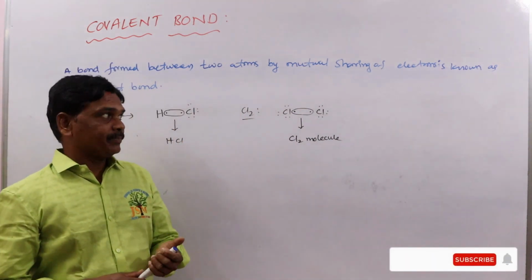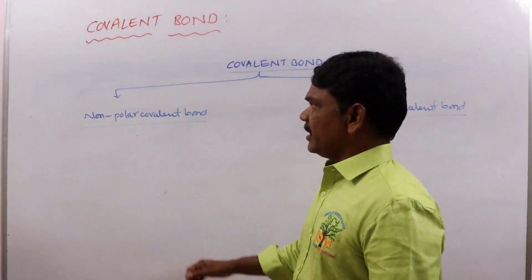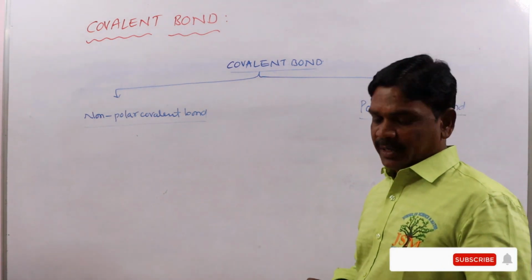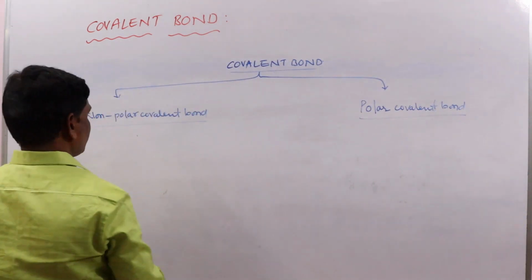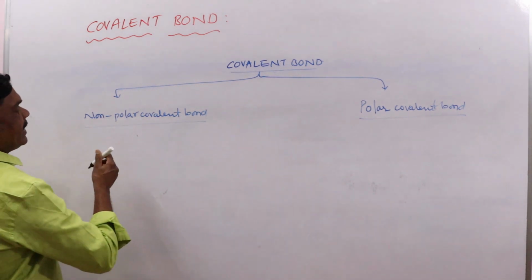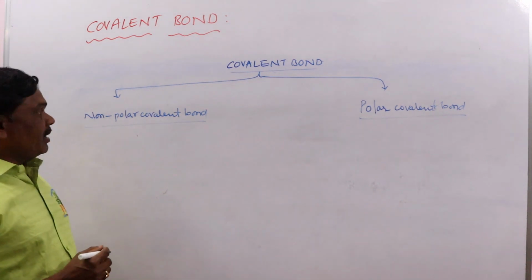Covalent bond is of two types: non-polar covalent bond and polar covalent bond. First, non-polar covalent bond: a covalent bond formed between similar atoms.